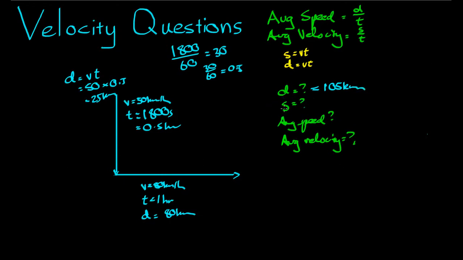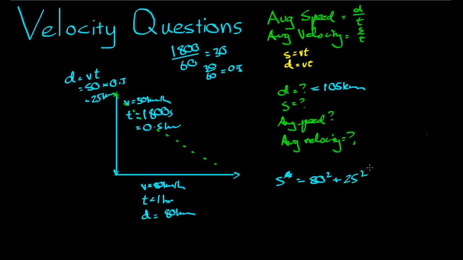The displacement, however, has changed. We have a distance of 25 kilometers in this direction and 80 kilometers in this direction here. The total displacement is defined as a straight line from the origin to the point where the object is existing at that time. So we're thinking at the end of the journey here. The length of this straight line here is going to be our displacement. And of course the length of that straight line can be given by Pythagoras. Displacement squared is equal to 80 squared plus 25 squared.